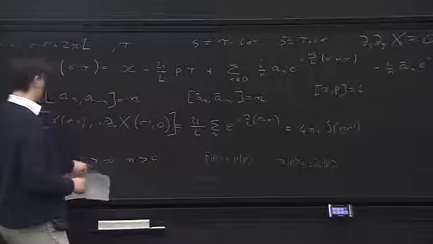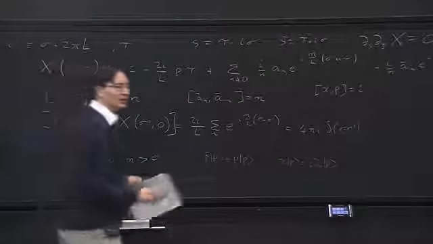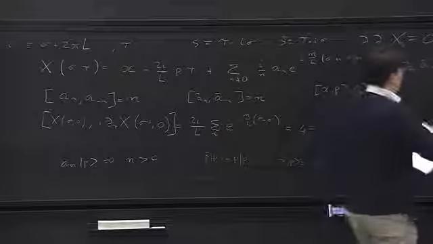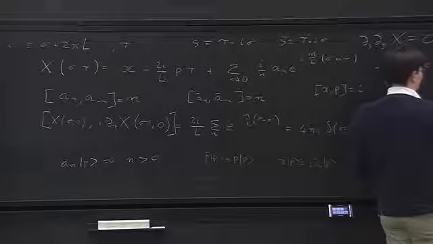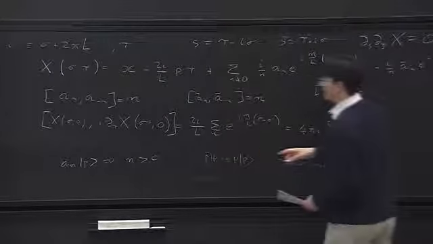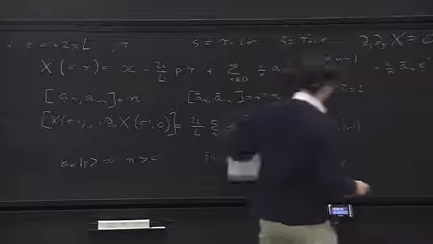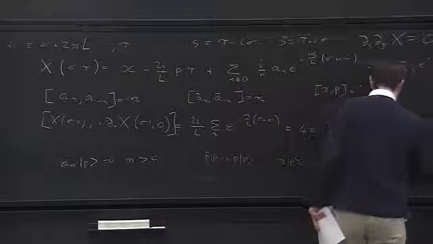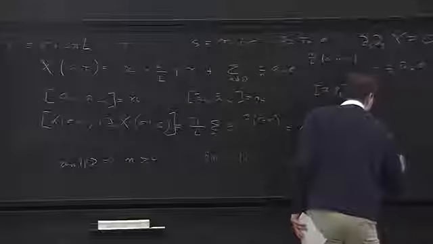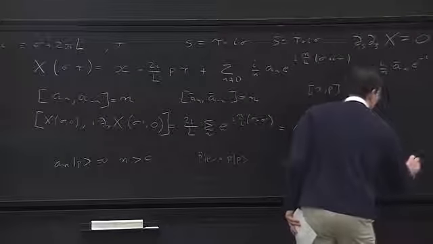So starting from these states, which are eigenstates of the momentum, of the zero mode momentum, we can build a whole Fock space of states by acting with the raising operators. So the states in the Hilbert space will look like this.